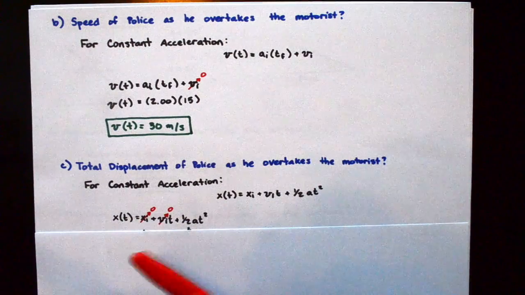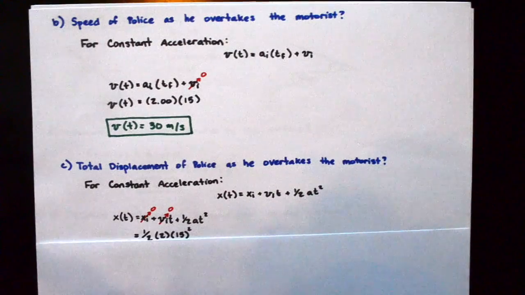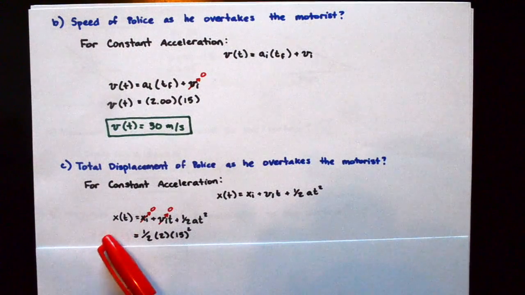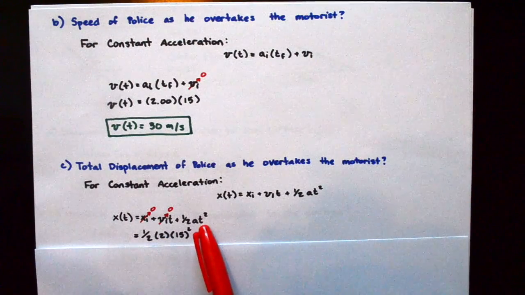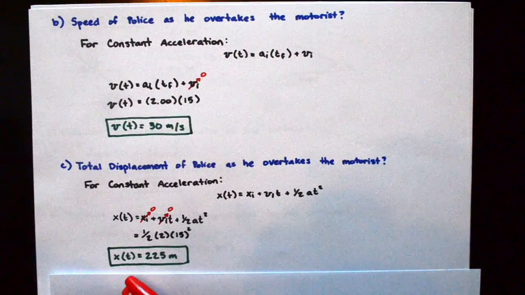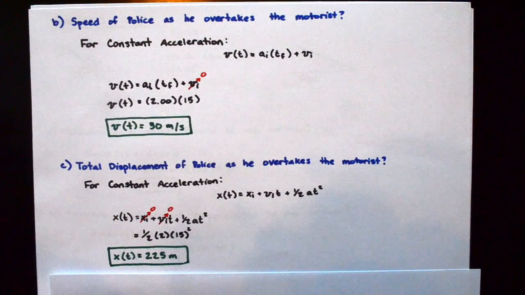So we know that the initial position is 0, the initial velocity is 0, so all that we have left to find the total displacement at a certain time is 1/2 times the acceleration, which is 2, times the time, which is 15, squared. So the total displacement of the police officer as he overtakes the motorist is going to be 225 meters.